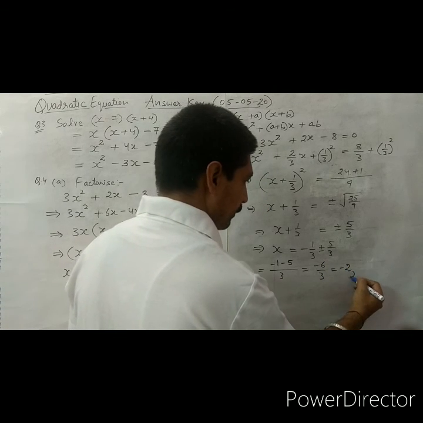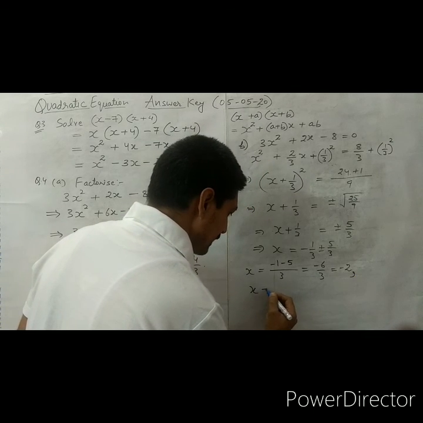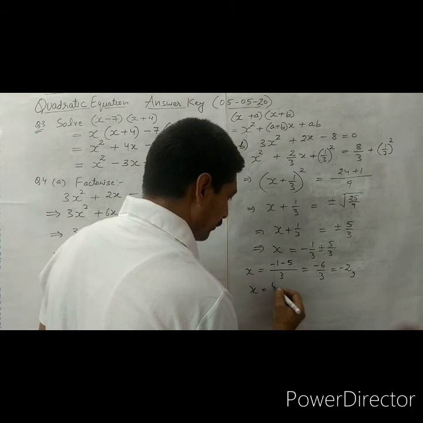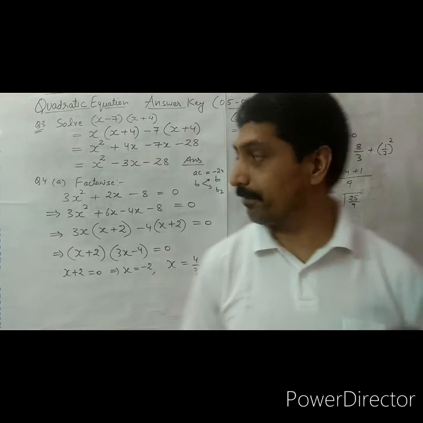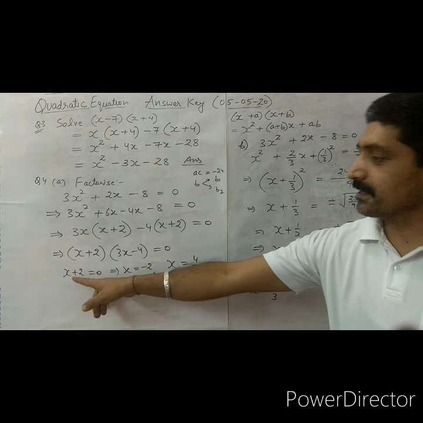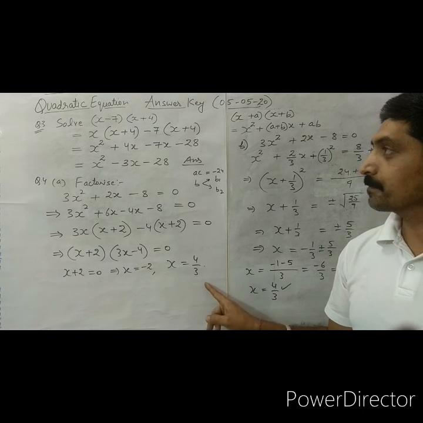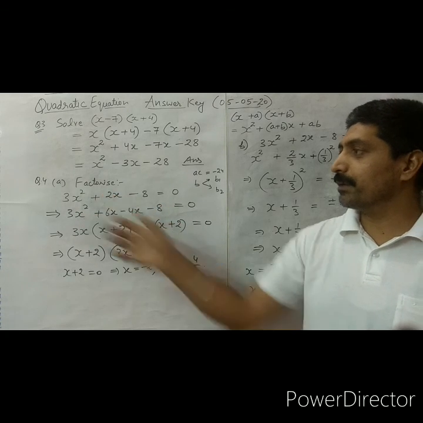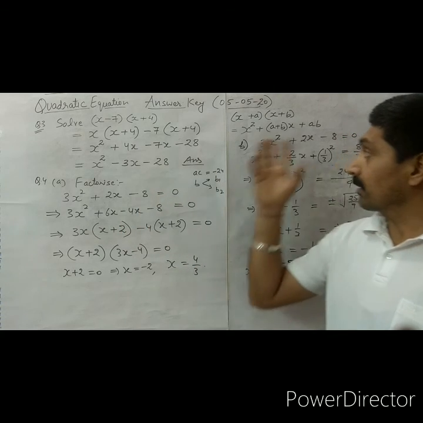And another value, x is equal to 4 upon 3. So we have both the values, that x is equal to minus 2 and x is equal to 4 by 3.